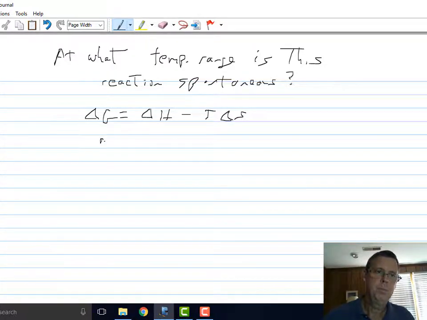So assume for the purpose of this argument, delta H and delta S are temperature independent.